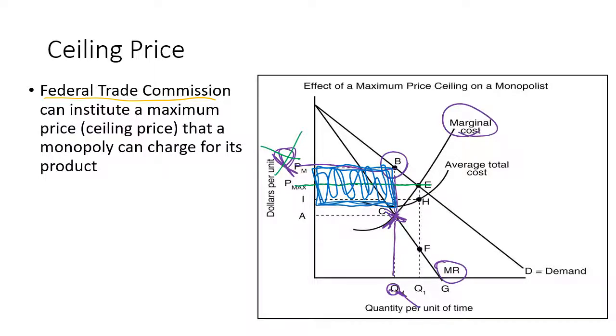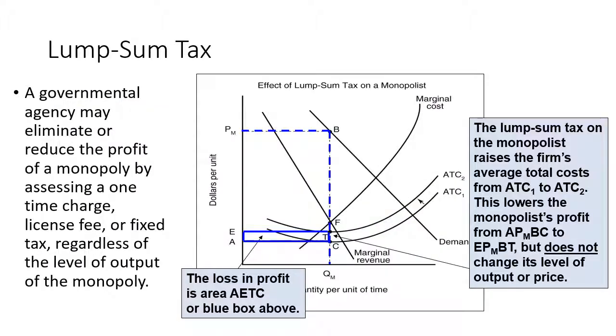But since the government came along and said, no, you can only charge this price, now their profit would only be the area of that box. So that's the effect that a ceiling price can have on the profits of a monopolist.